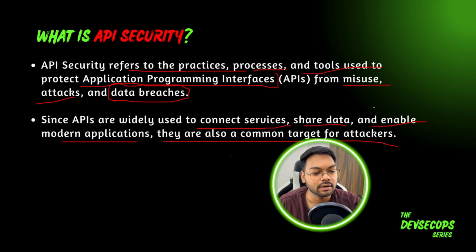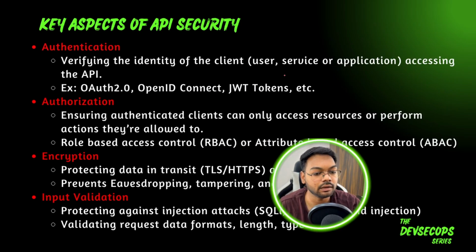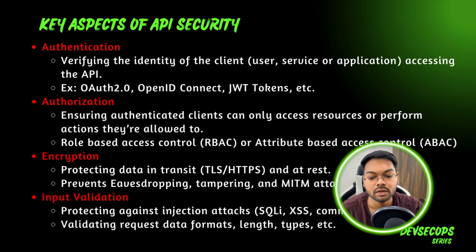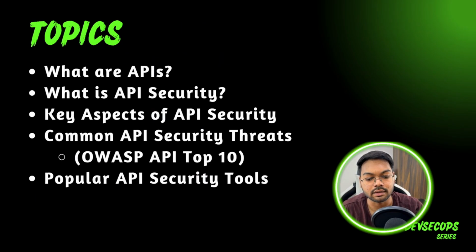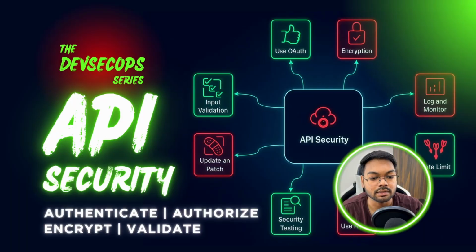Then comes the next slide, wherein we would learn about the different key aspects of API security. You remember I have already shown this in the really first slide, so you can have it as a mind map. I'll show you that again. Here you can see OAuth, encryption, log and monitor, rate limits.